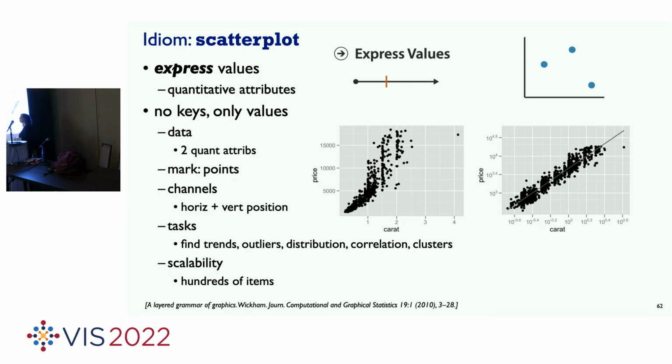We'll talk later about some ways of dealing with that in a visual encoding context. But if we just have a simple scatter plot, that's a kind of fundamental limitation. So you could imagine, for example, if you had 10 million points and only 1,000 by 1,000 pixels, probably things would get overwhelming. You wouldn't be able to see, there would be visual clutter. So I'm going to do this kind of scalability analysis for many of the idioms that we'll talk about throughout the afternoon, just to get some kind of calibration of scale.